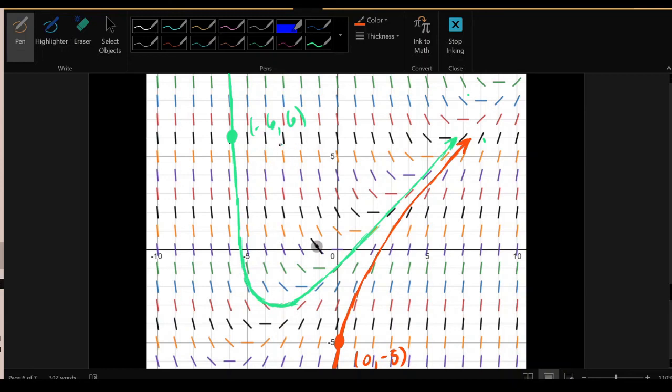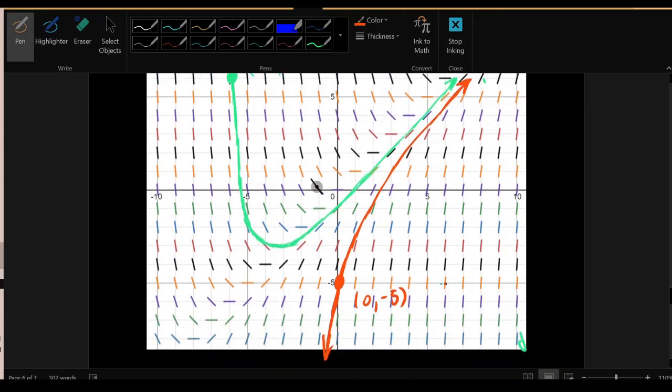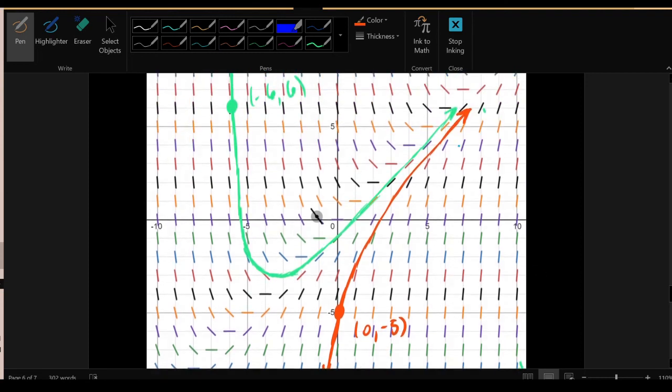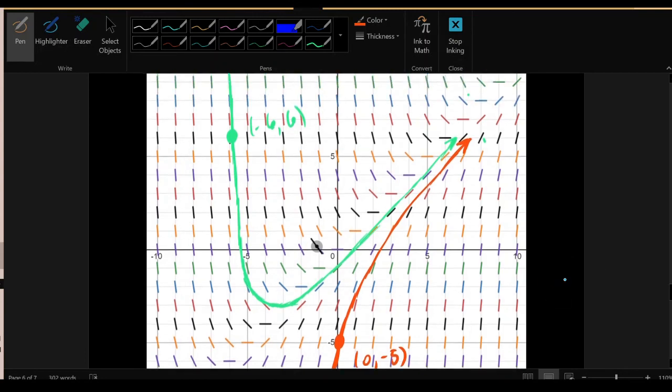For example, starting at negative 6, 6, or starting at 0, minus 5. Now, just having the graph of the solution and not having the formula for the solution is not optimal, but if it turns out that you are unable to actually find the formula for the solution to the ODE, having the graph at least is better than nothing.